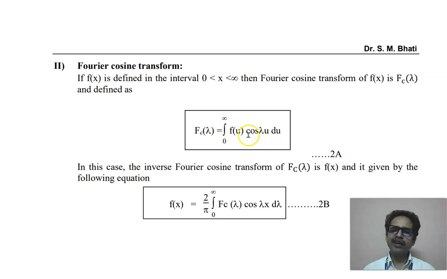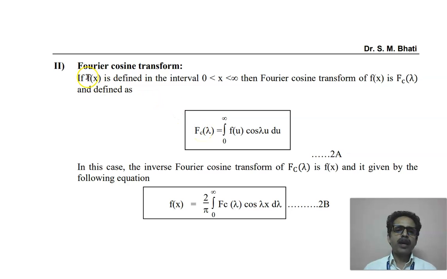For this integration purpose, we have to keep lambda constant. So when we integrate this integral with respect to u, keeping lambda as a constant from the limit 0 to infinity, you will find the right hand side will be only a function of lambda, and it can be justified from the left hand side, which is symbolically a function of lambda.